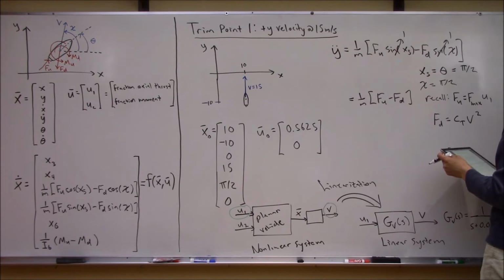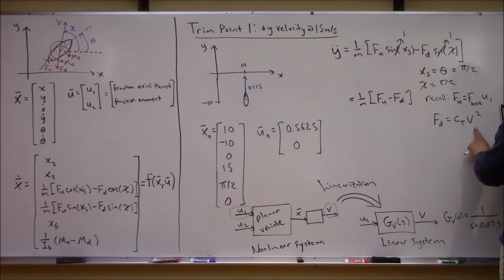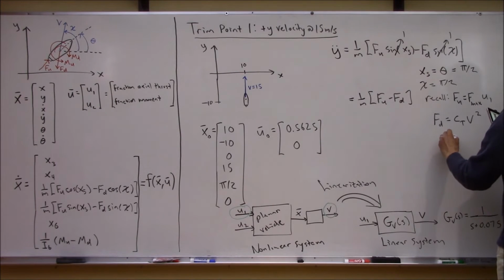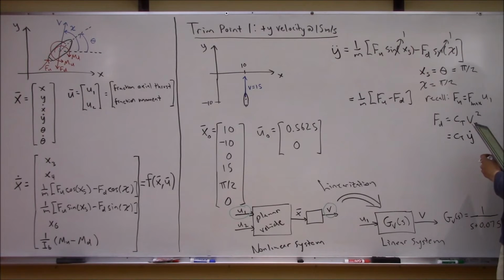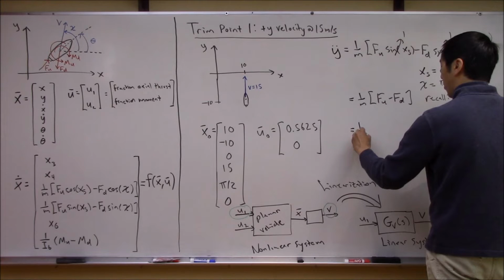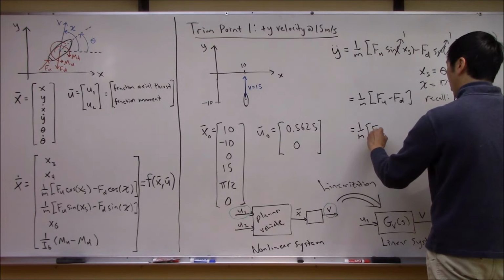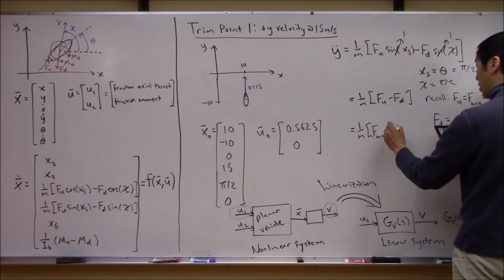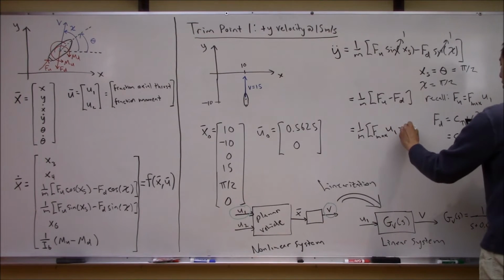That's what we ended up with. We can make one more substitution. If you notice, v is basically y dot in this case. So this is the same thing as ct times y dot squared. So we can plug this in and we end up with 1 over m times f max times u1 minus ct y dot squared.